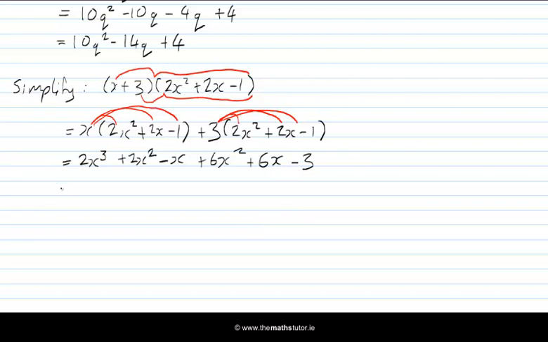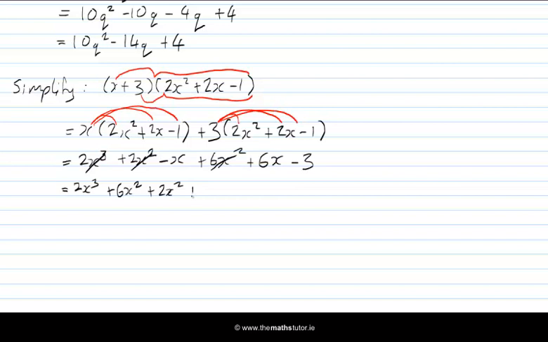Now again, the first thing I like to do is a bit of rearranging to make it easier to see exactly what I have. So I've got the 2x cubed from there, and I have a 6x squared from there, and a plus 2x squared, keeping my x squareds together.